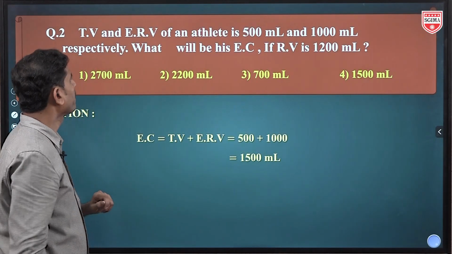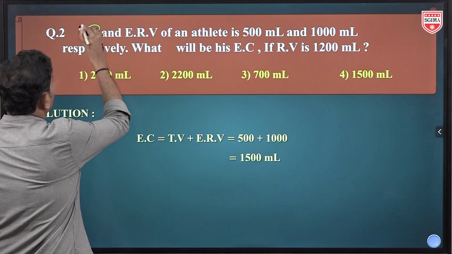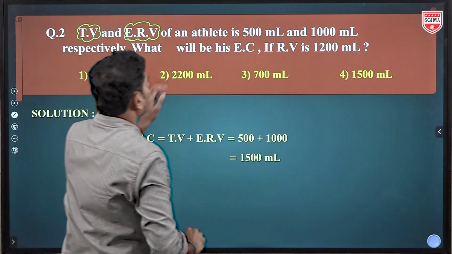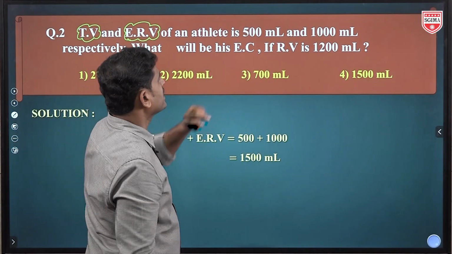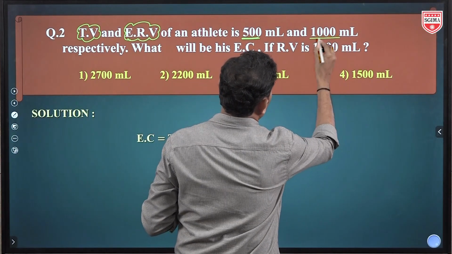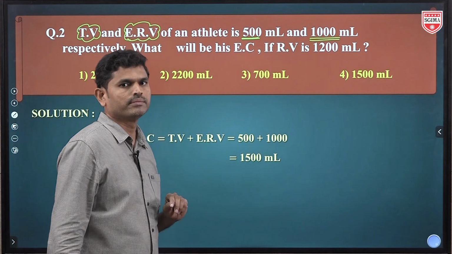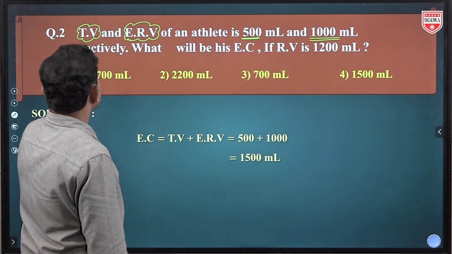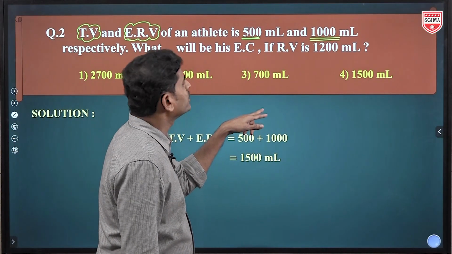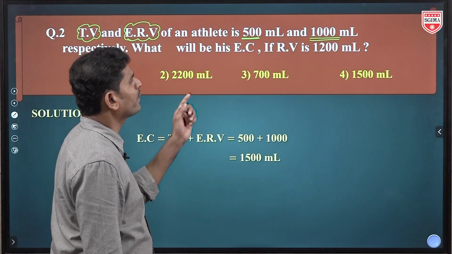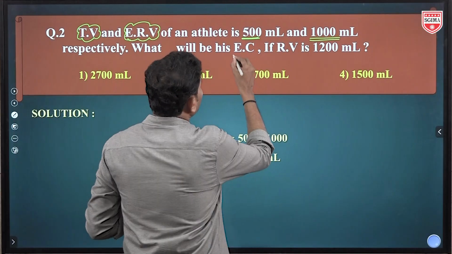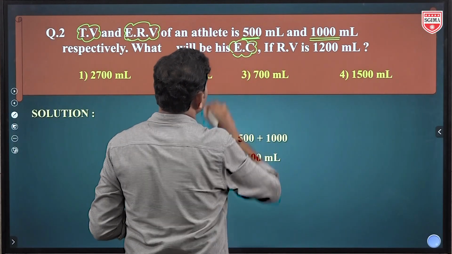The second question: the tidal volume and expiratory reserve volume of an athlete are 500 ml and 1000 ml respectively. Then what will be the EC, expiratory capacity?